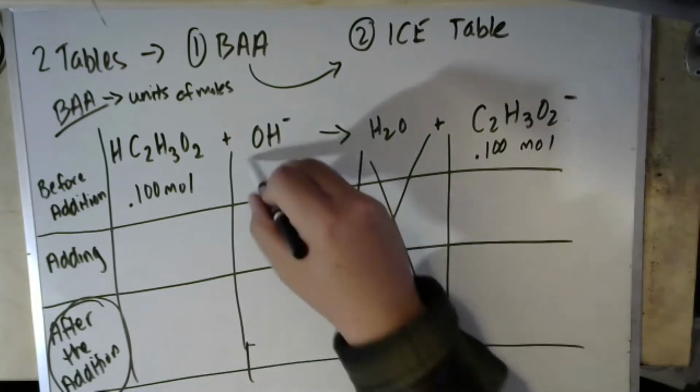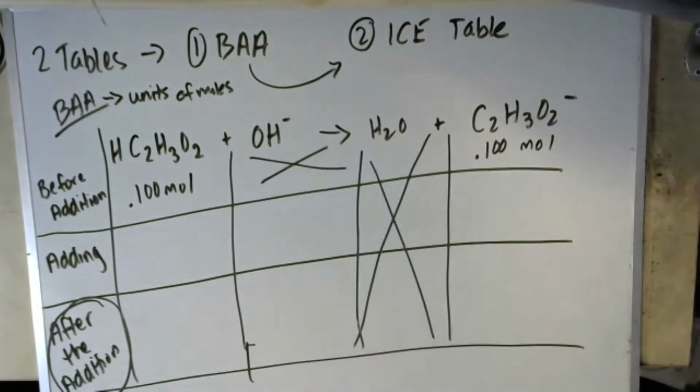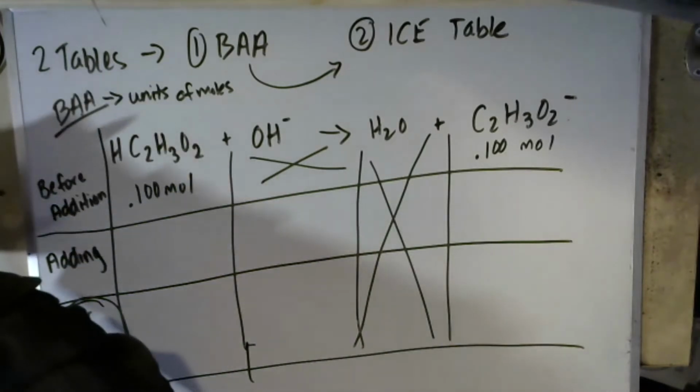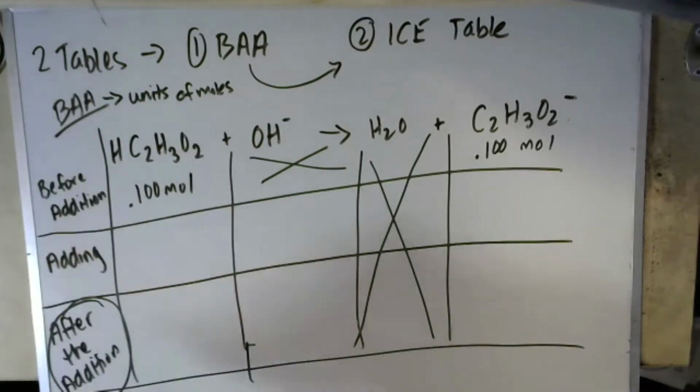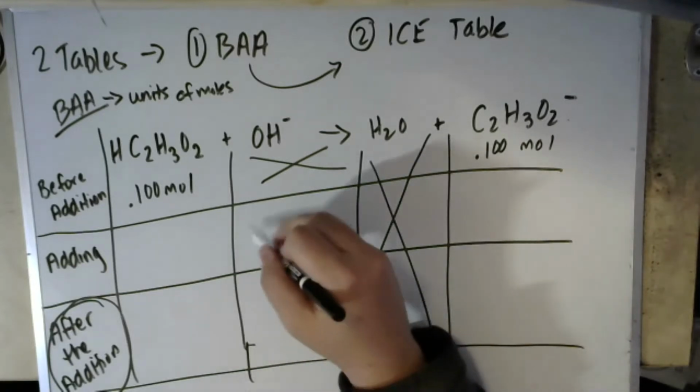And that's all we were starting with. We weren't starting with any sodium hydroxide. Now, this problem said that we were adding 0.010 moles of solid sodium hydroxide to the buffer.